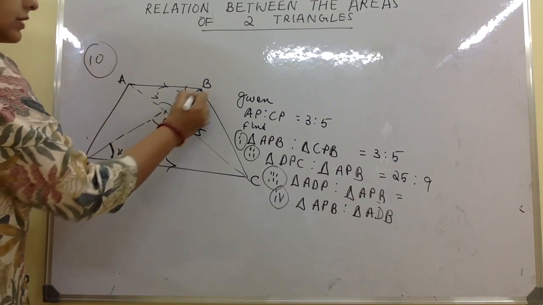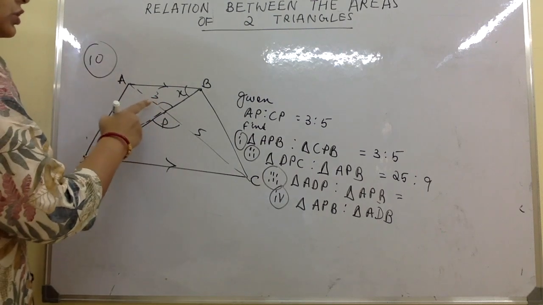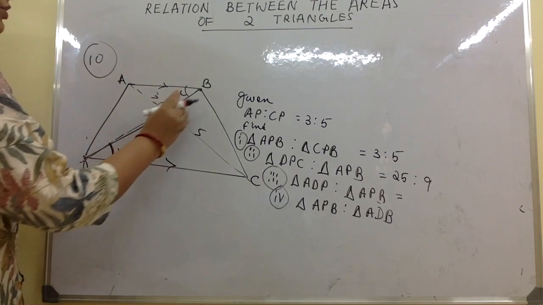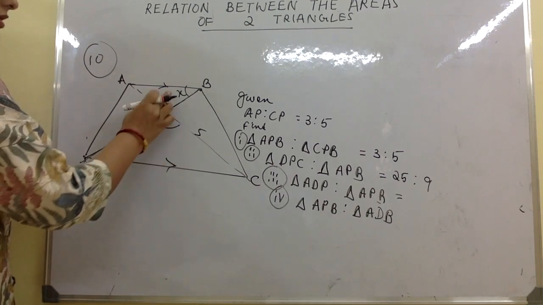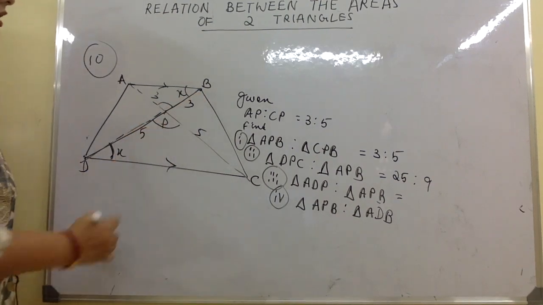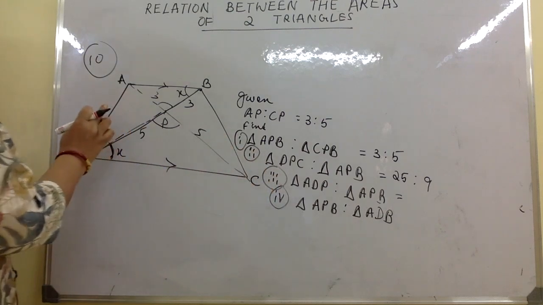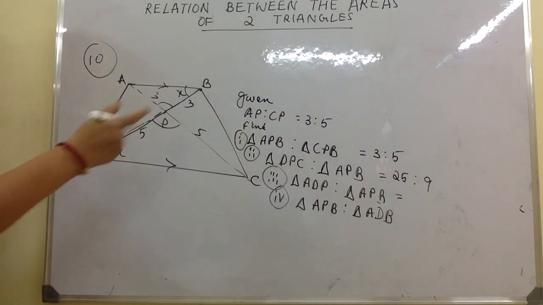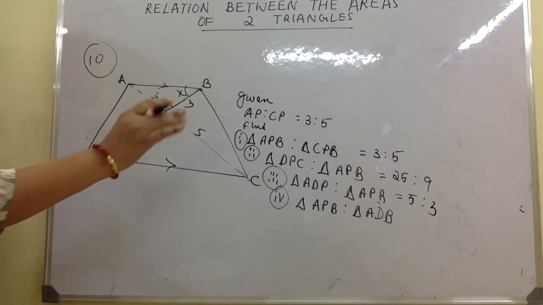These are the bases. Here also, once again, the ratio between this side and this side, because they are the sides of these two triangles, is again 3 and 5. So common vertex, which one have they named first? ADP first. So now it is 5:3, straight application of ratio, no squares.